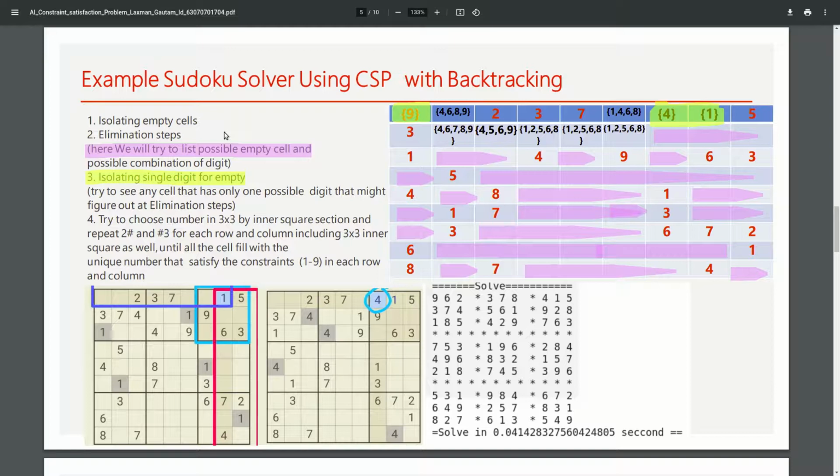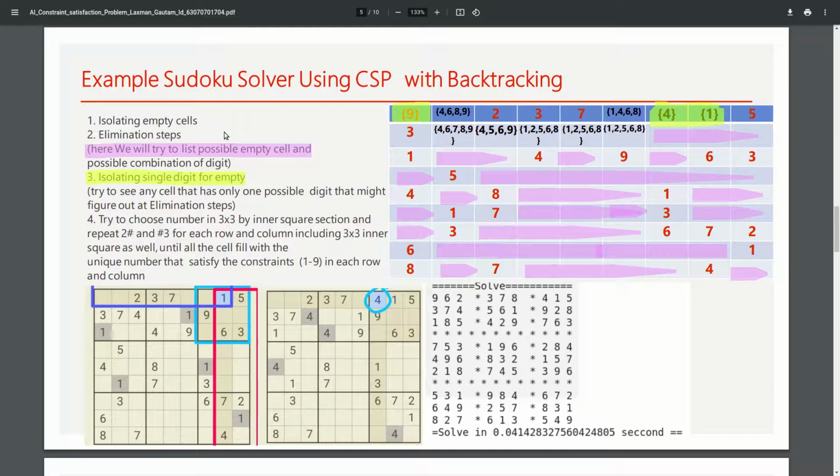That is our real problem domain, not 81, because some of the numbers are already pre-filled. So we already minimize some of the iteration and searching, from 81 to 61. That means identifying the empty cells is the first step.